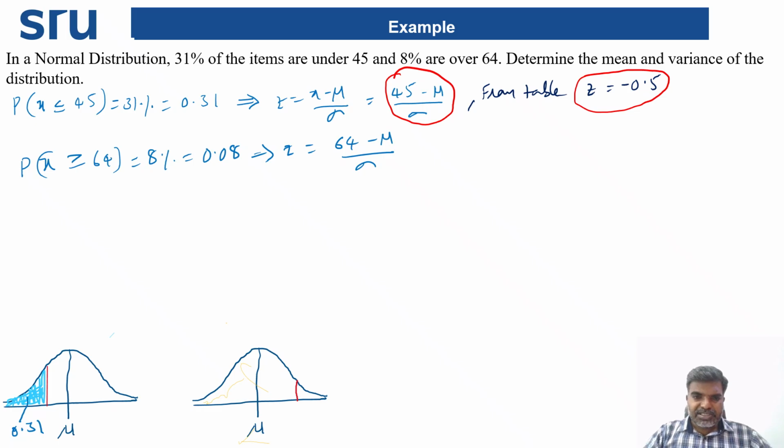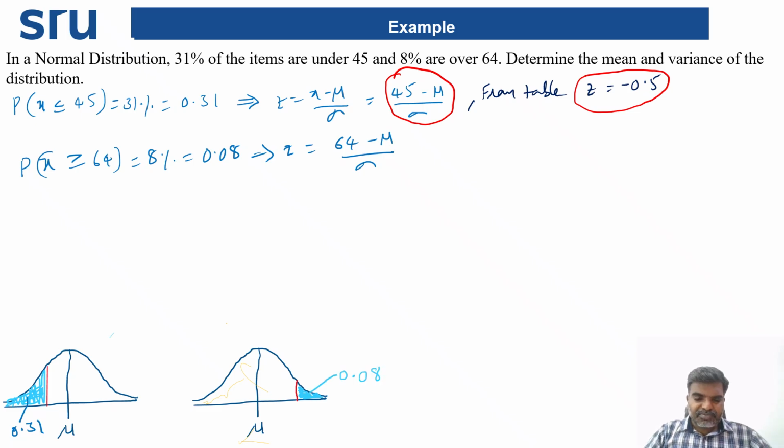See 0.08, so we have to mark on the right side. You can't mark this one on the left side. Suppose if you mark here, over means you have to take the right side area, meaning you consider this area. This is not 0.08, this is more than 0.08. So over 0.08, that is very less than 0.5. So we have to consider this side.